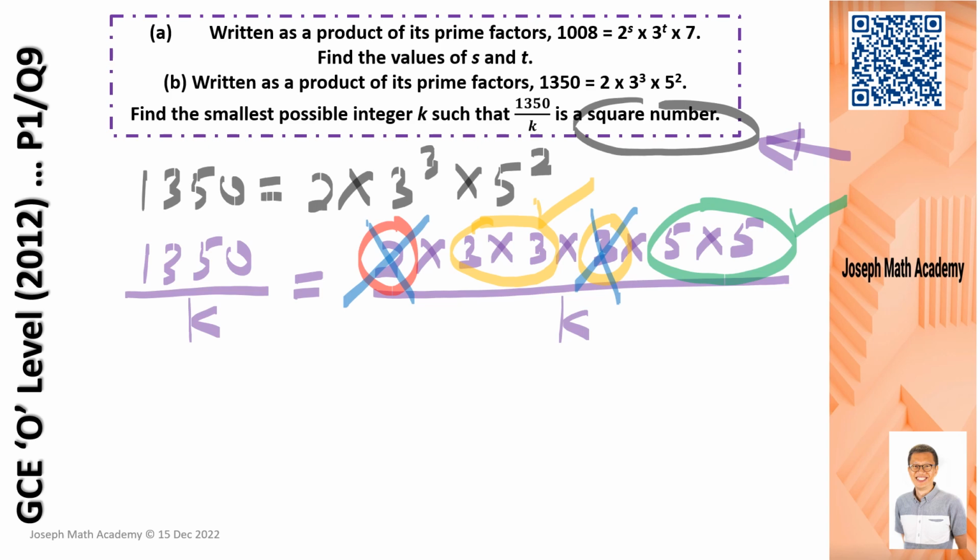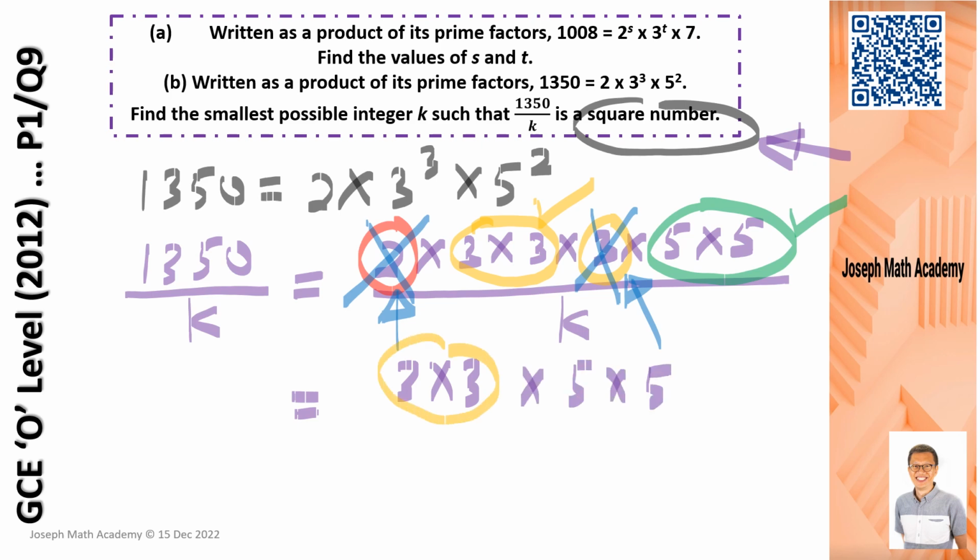3 times 3 is 9, so it is a square number. 5 times 5 is 25, already a square number. So we have to remove the 2 and the extra 3. How to remove? Simple. Let's rewrite: 3 times 3 is what we want, 5 times 5 is what we want, and this is what we don't want.